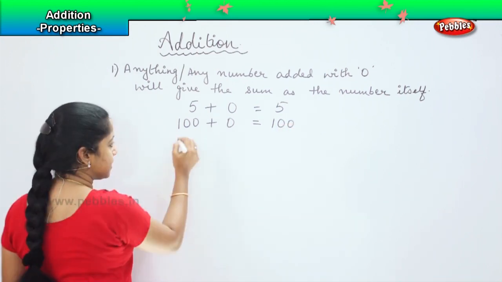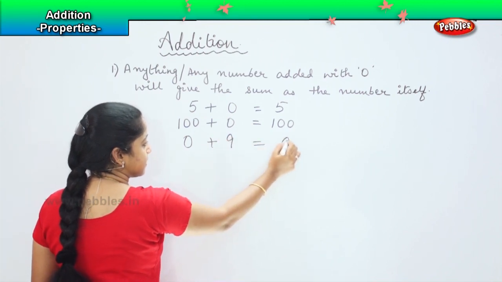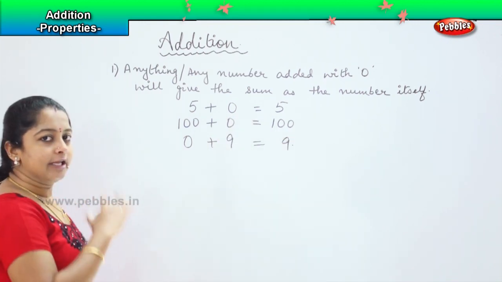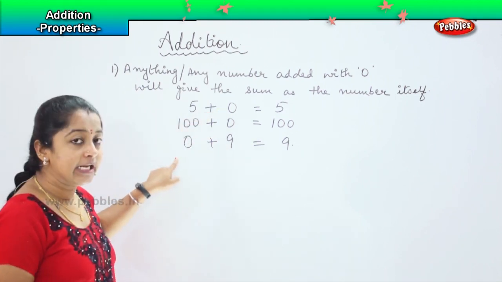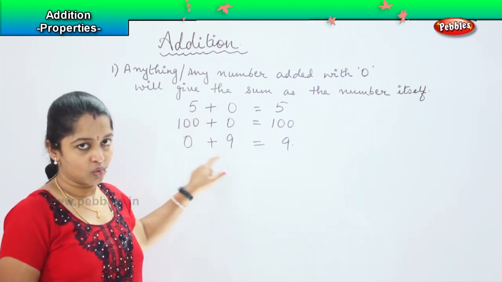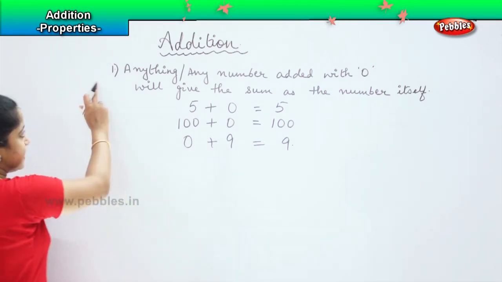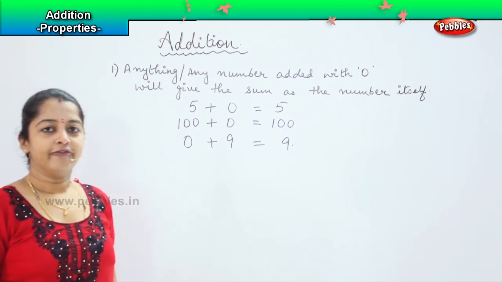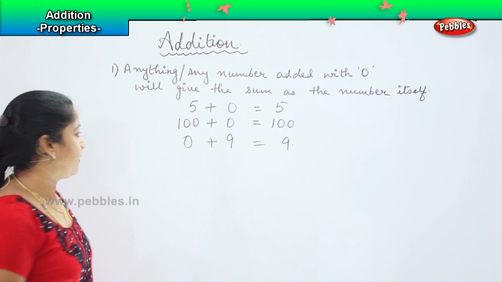Or to put it this way, if I add 0 plus 9, my answer will be 9. Either way, whether the 0 is the second addend or the first addend, any number added with 0 will give me the number itself. This is the first property of addition. Clear? Shall we move to the next property?